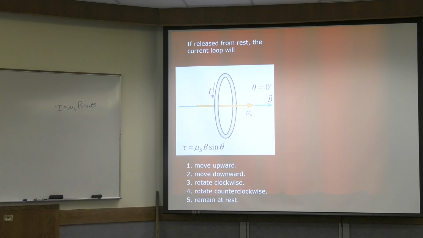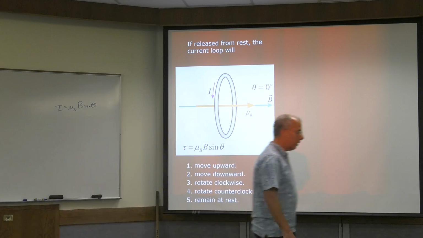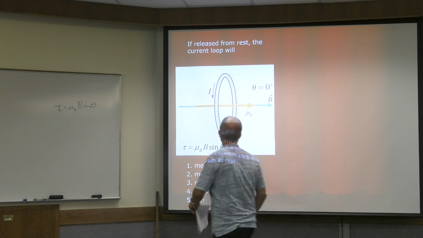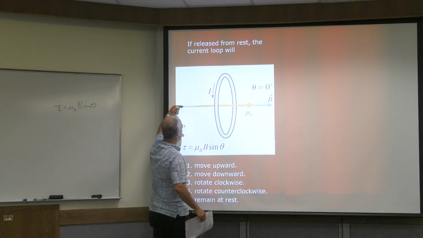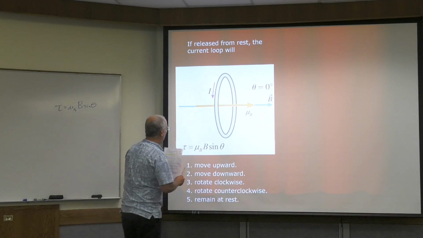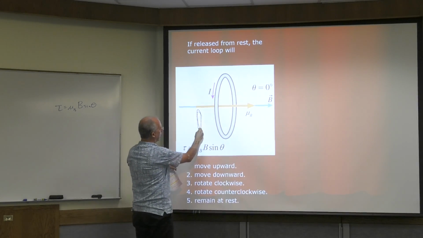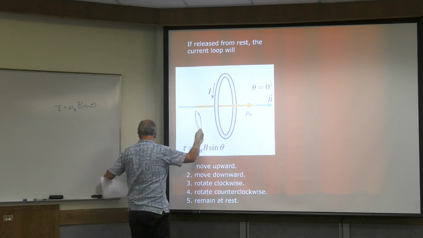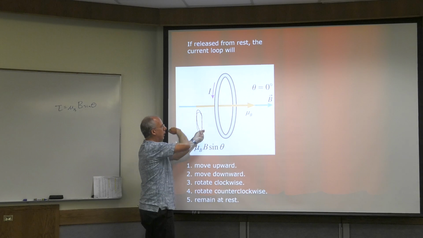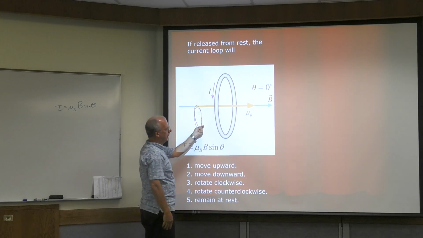If released from rest, the current loop will do what? So what you're thinking of is this. There's a B field this way, right? And what we want is the plane of the wire to be perpendicular to the plane of the B field.